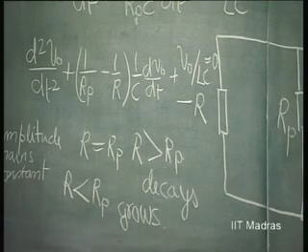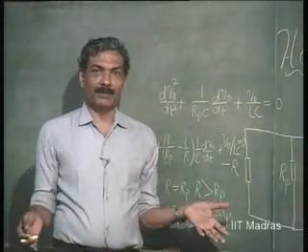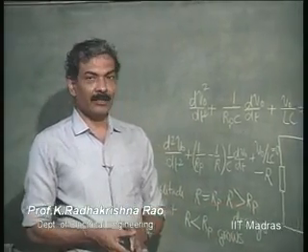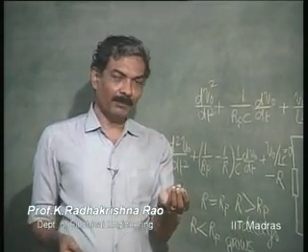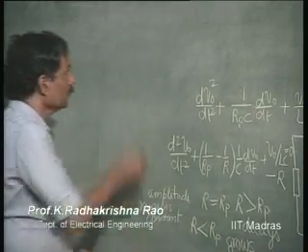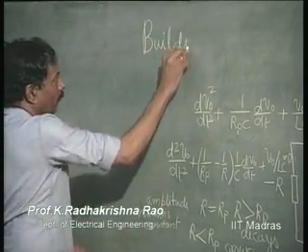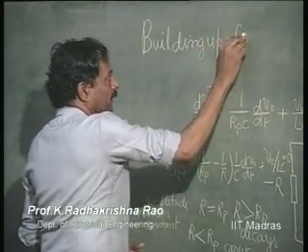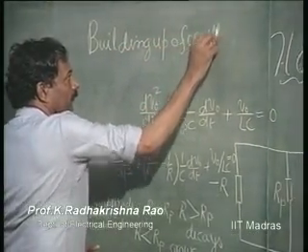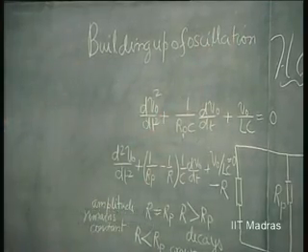How do we have to design oscillators? Because initially there will not be any amplitude. When you switch on, there will not be any amplitude. A practical oscillator should have amplitude building up. If oscillation amplitude has to be built up, what should be the case?